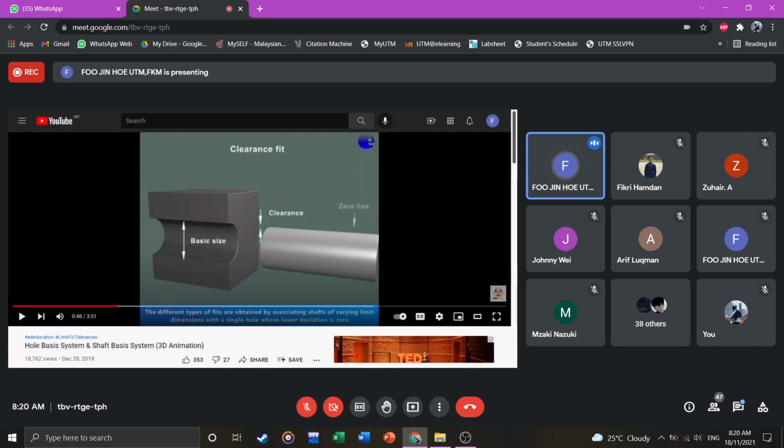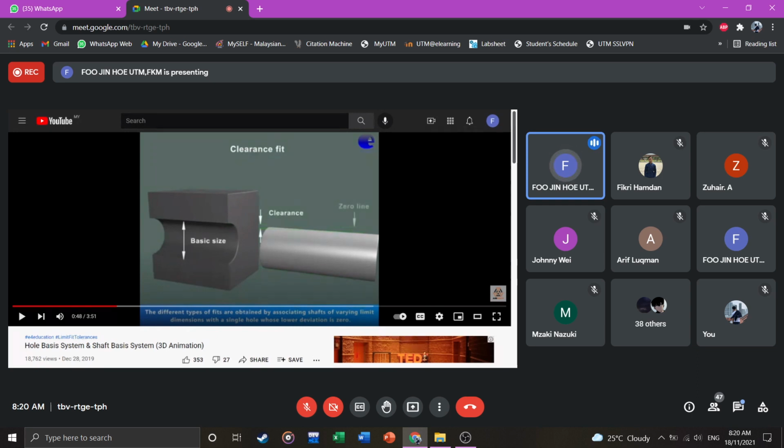There will be a plus minus so that in the end the parts are not made too randomly, because then we cannot control it to meet our requirement. What will be produced will be the clearance, interference, and transition fit.